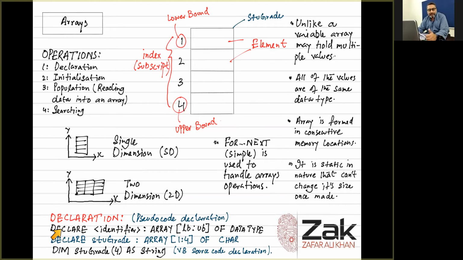The word DECLARE will be used. DECLARE, then the identifier, which means the name of the array. We will use the colon as the word AS, and then we would have to write the word ARRAY. It's a keyword, then lower bound and upper bound and the data type.